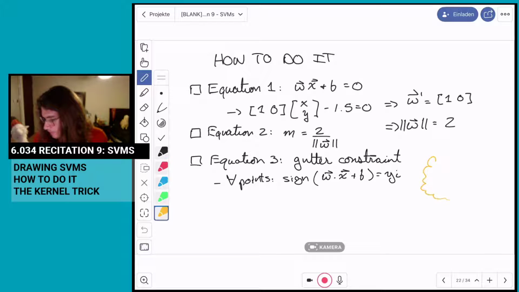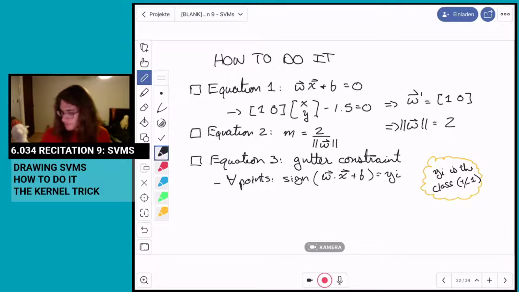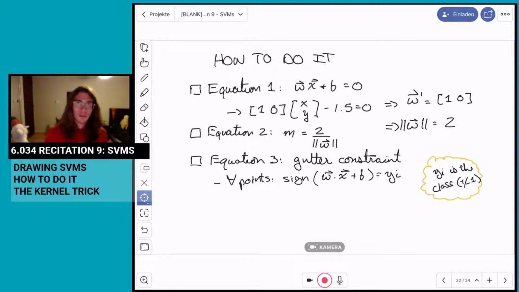So quick clarification, yi is the class. So this is plus or minus 1. So whatever sign you get from this calculation is the classification of that point. That's how a support vector machine works, and that's also why we need to find the W and the offset that work with it after finding the decision boundary, of course.